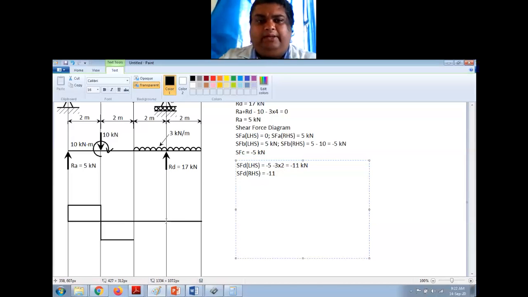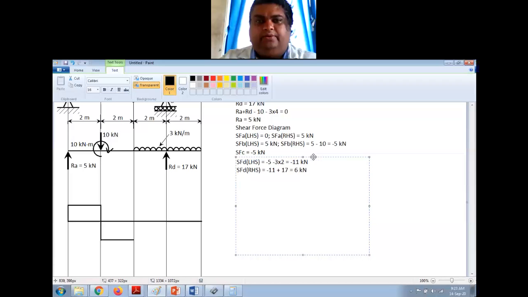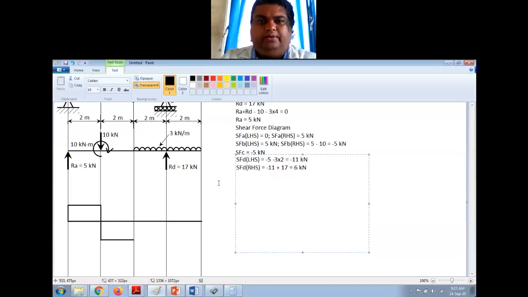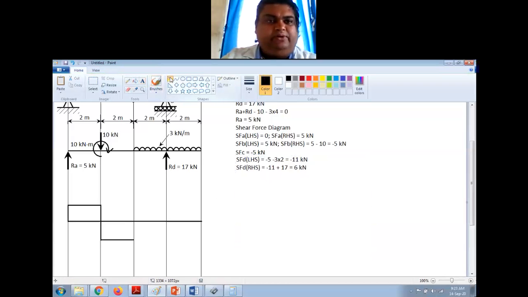Now I am at this point, minus 11, and there is an upward force of 17 kilonewton. So that will be positive, plus 17, right? So this will be 6 kilonewton. Now let me first draw that.